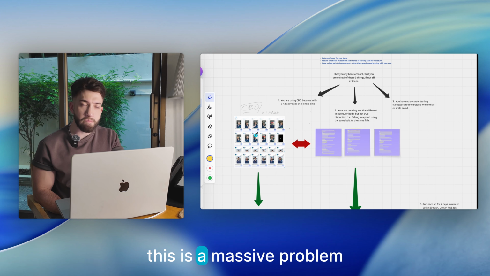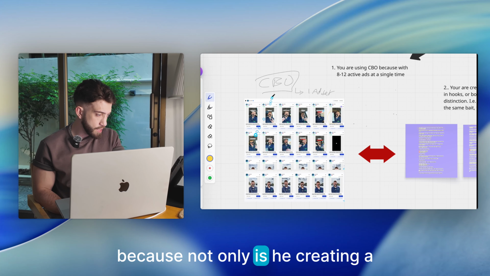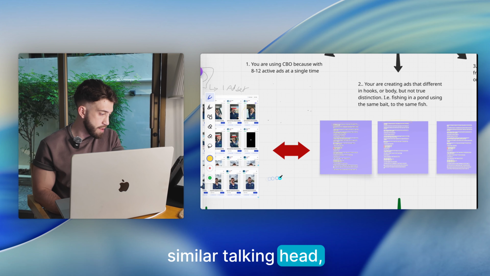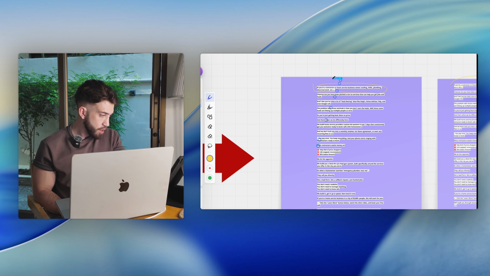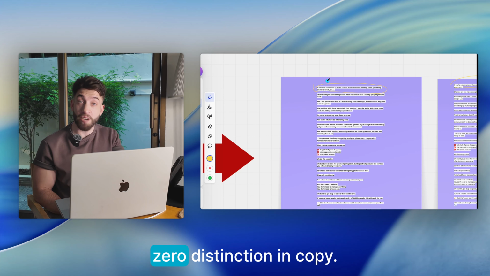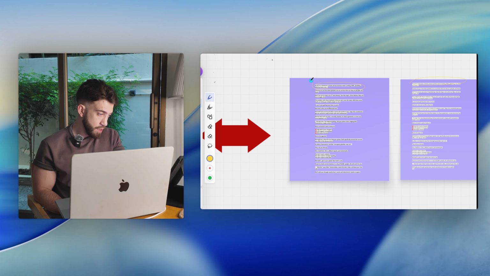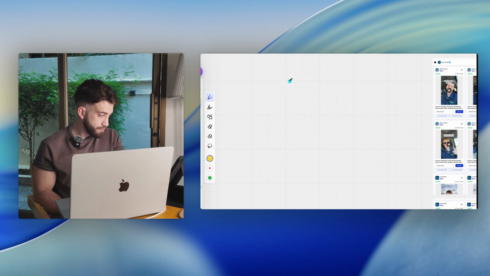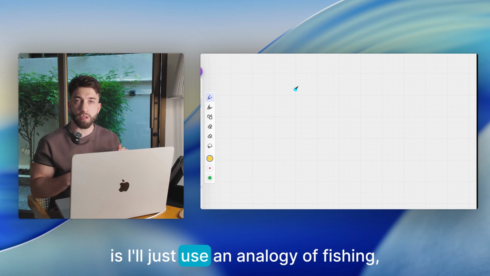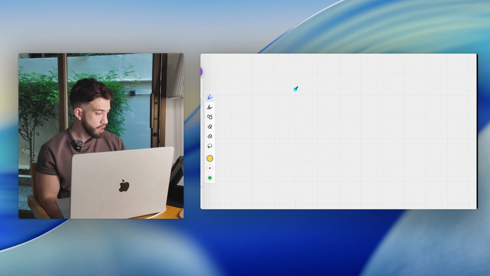Now, this is a massive problem, because not only is he creating a similar talking head, but he's also creating zero distinction in copy. Now I'll just use an analogy of fishing.